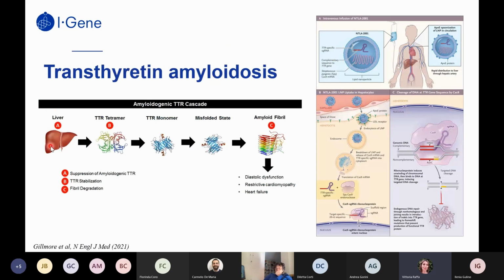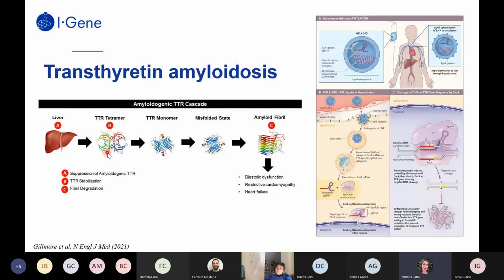Transthyretin is a protein which is secreted by the liver. And this protein is able to execute its function when it is in this form, which is a tetrameric form. Okay, you see 4 subunits that assemble all together to form this tetrameric form. In these patients, this protein is mutated.